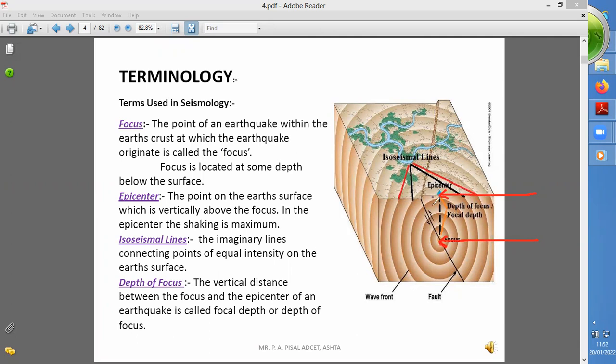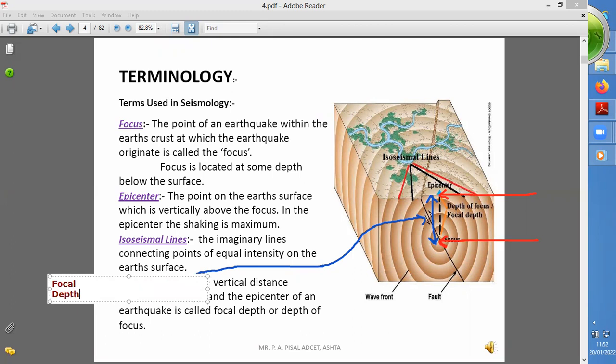Okay, so the exact vertical distance between epicenter and focus, that vertical distance we can consider as the depth of focus, or it may be considered as the focal depth. So the vertical distance between the focus and epicenter of an earthquake is called focal depth or depth of focus.